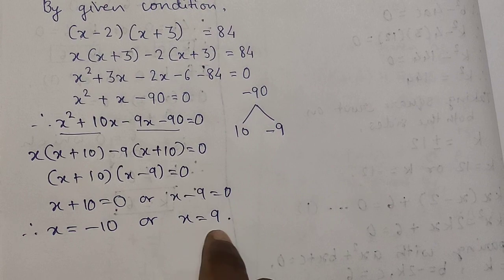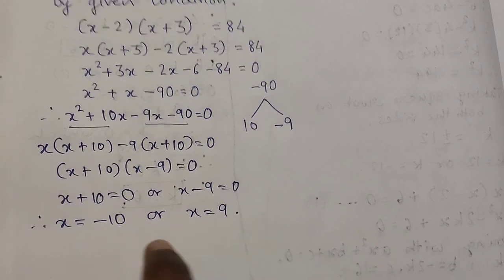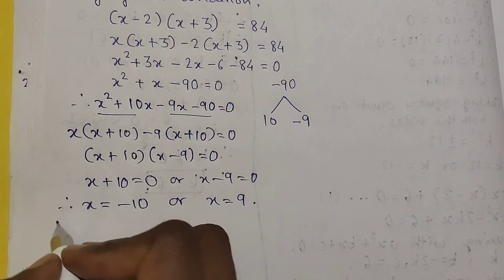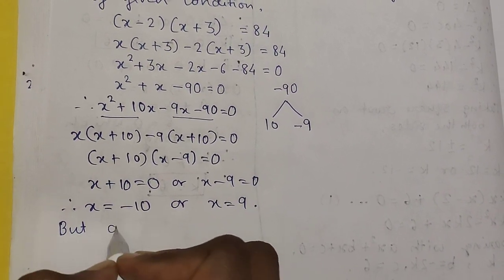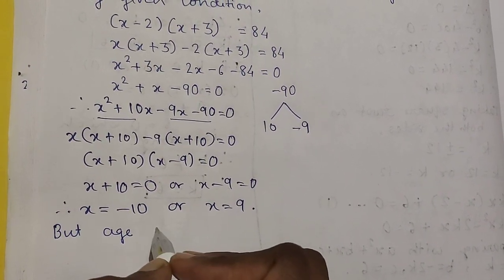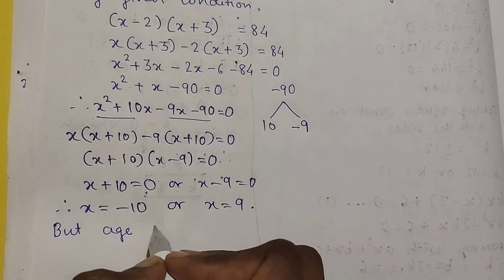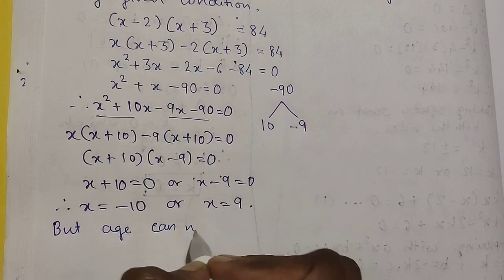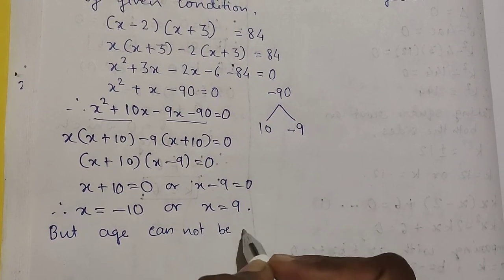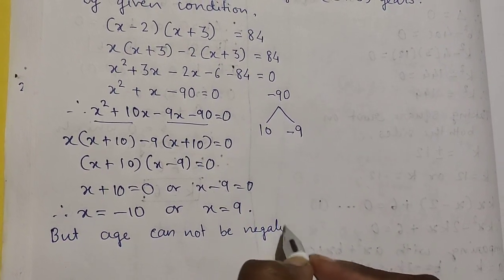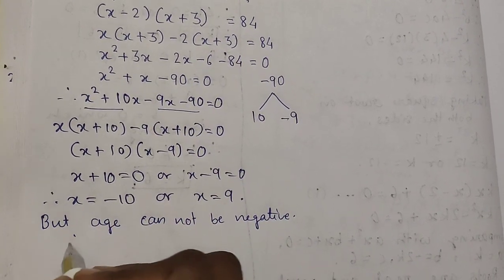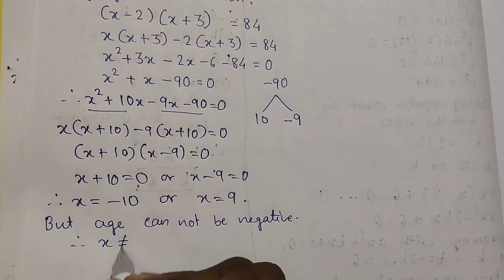That is, Pragati's present age is what? 9 years. So let us write your answer. But age cannot be negative, therefore x is not equal to what?